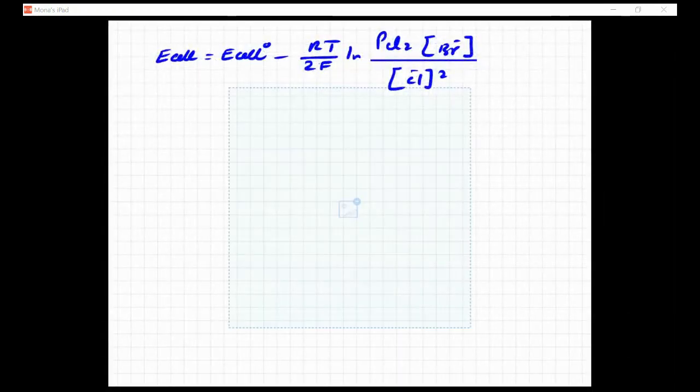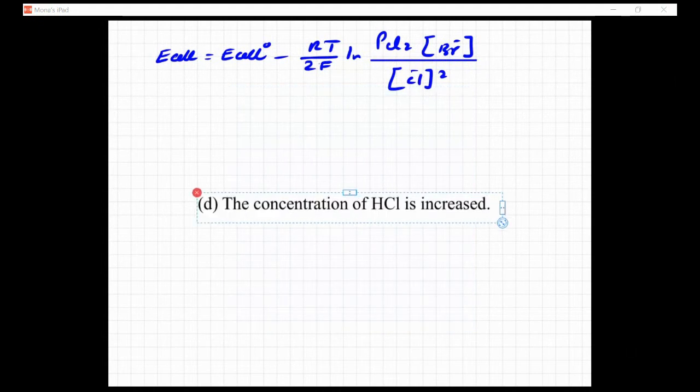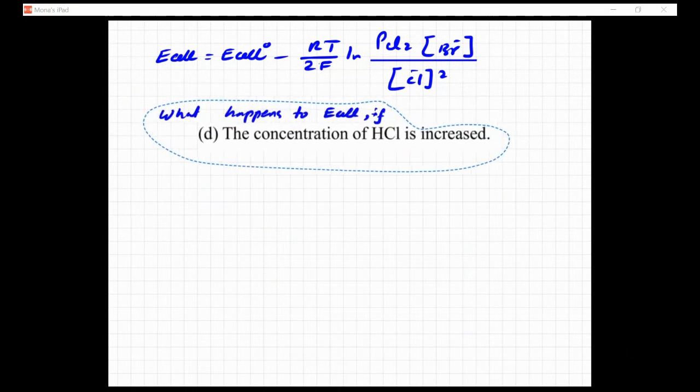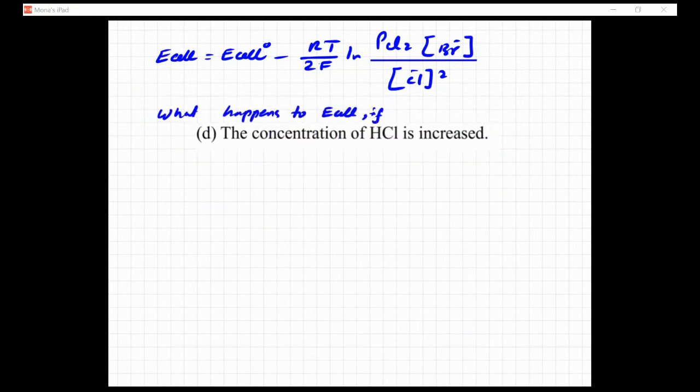So that is my question. What happens to E cell if the concentration of HCl is increased?